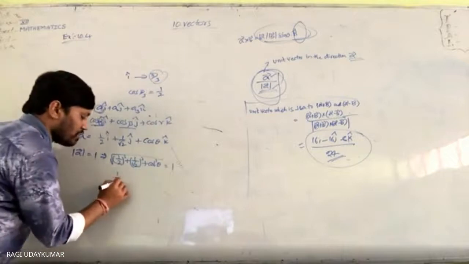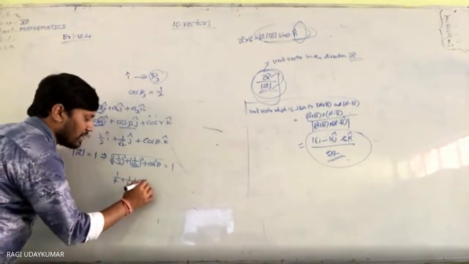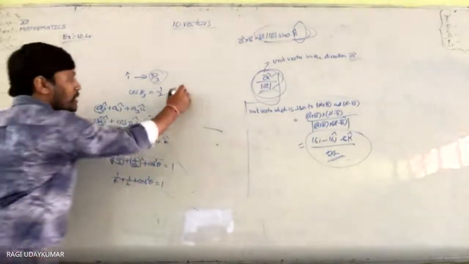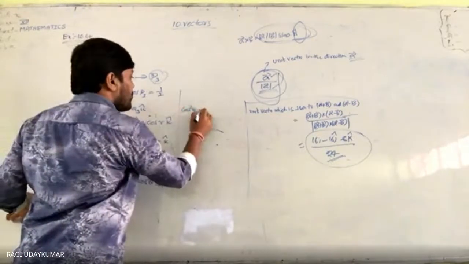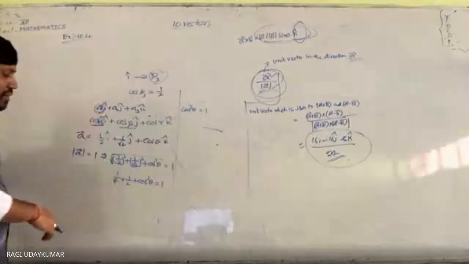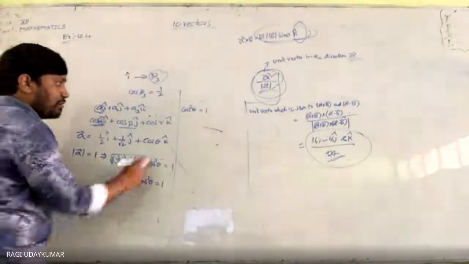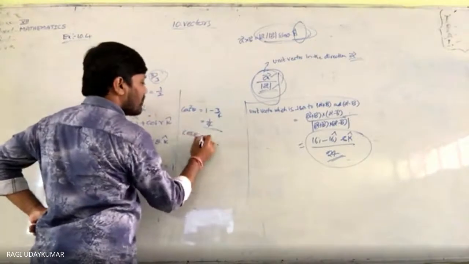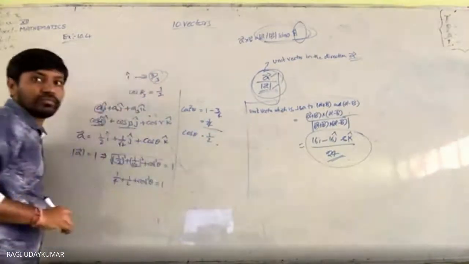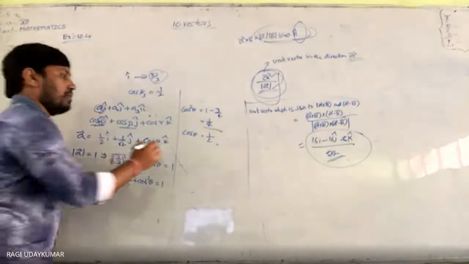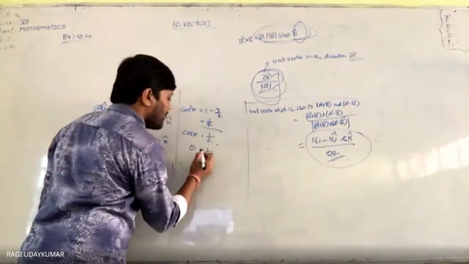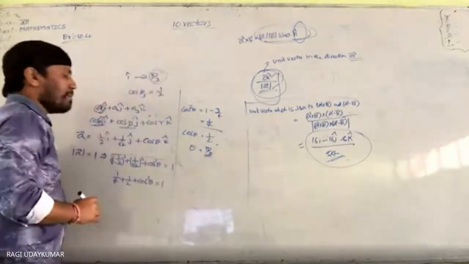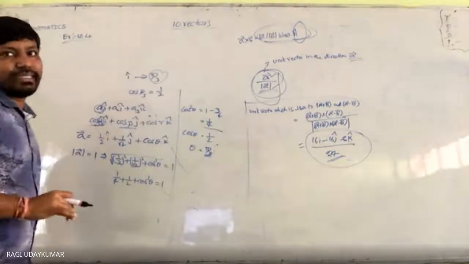We get 1 by 4 plus 1 by 2 plus cos square theta equals 1, so cos square theta is 1 minus 3 by 4, which is 1 by 4. So cos theta is equal to 1 by 2. Therefore theta is equal to pi by 3.